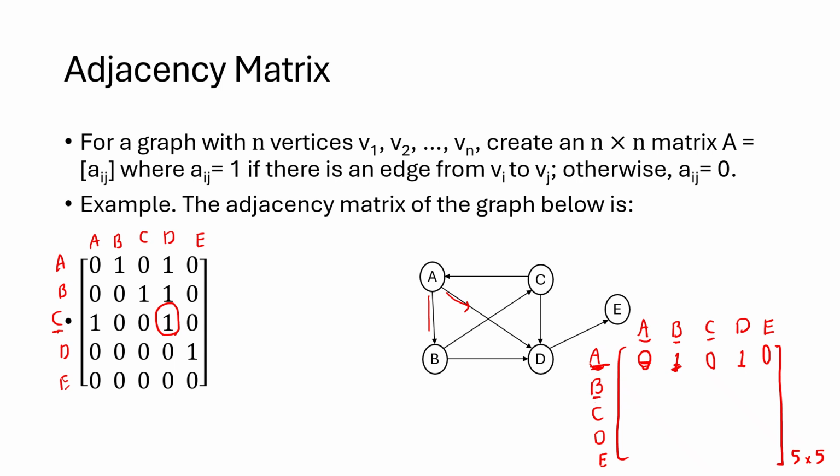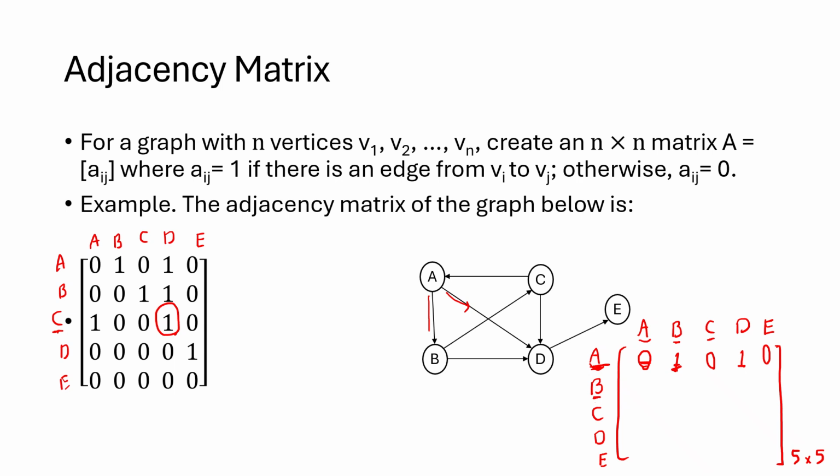And if you implement this matrix, let's say as a two-dimensional array in a programming language, then we know that because of random access, this can be done in constant time, which means the time that it takes to find out whether there is an edge from a vertex to another, in this case from C to D, is independent of the size of the graph.